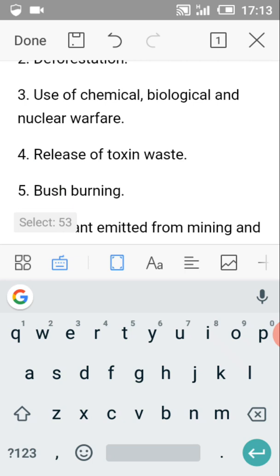This releases a lot of heat into the atmosphere, thereby increasing the amount of carbon dioxide in the atmosphere. Number 4, release of toxic waste.